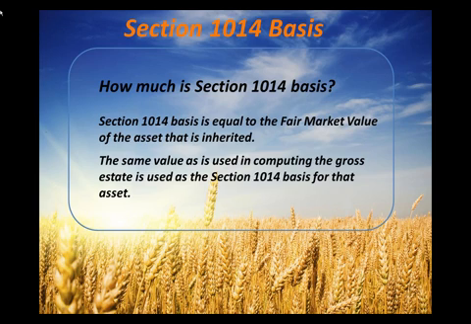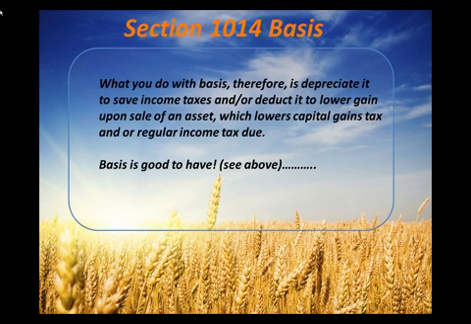It's equal to the fair market value of the asset that is inherited. And it's the same value that's used in computing the gross estate, and that's used for your Section 1014 basis for that asset. So the things have to match up. If a tract of land is included in an estate at $5,500 an acre, then that becomes the basis in the hands of the heir for that land. You can't put it on the estate tax return at $5,500 an acre and then have a different basis in the hands of the heir.